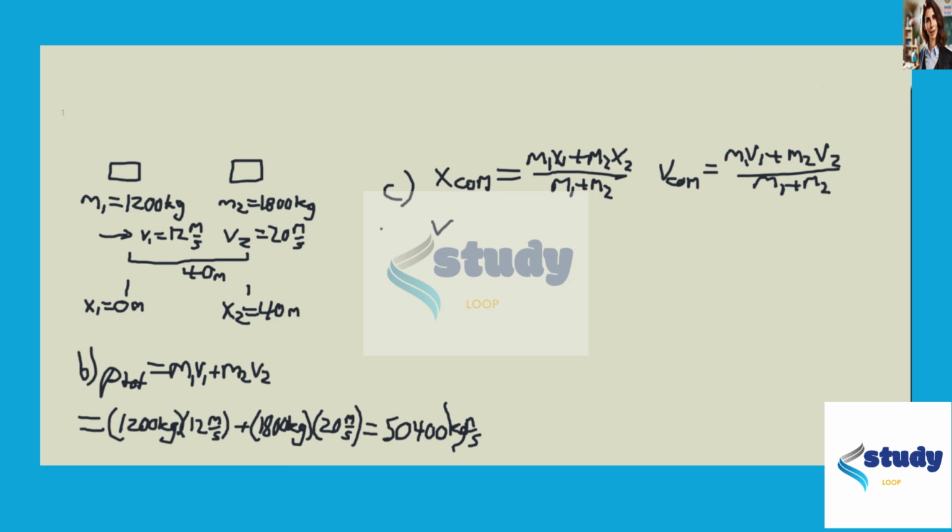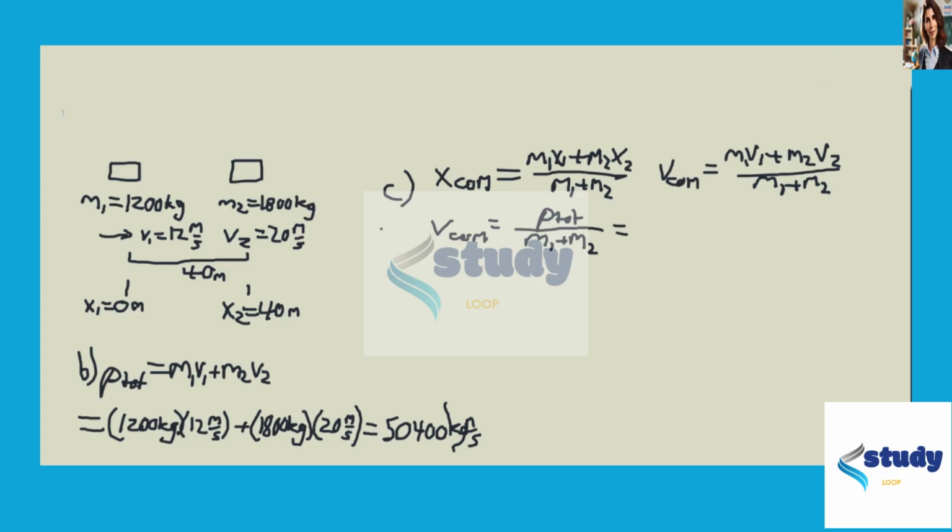And then from this we have that V_COM is equal to, well, one thing I'll note first is that the numerator is just p tot. So p tot over m1 plus m2. That's one of the very nice things about leaving things in symbolic form. It allows you to see when you can reuse old calculations like this.